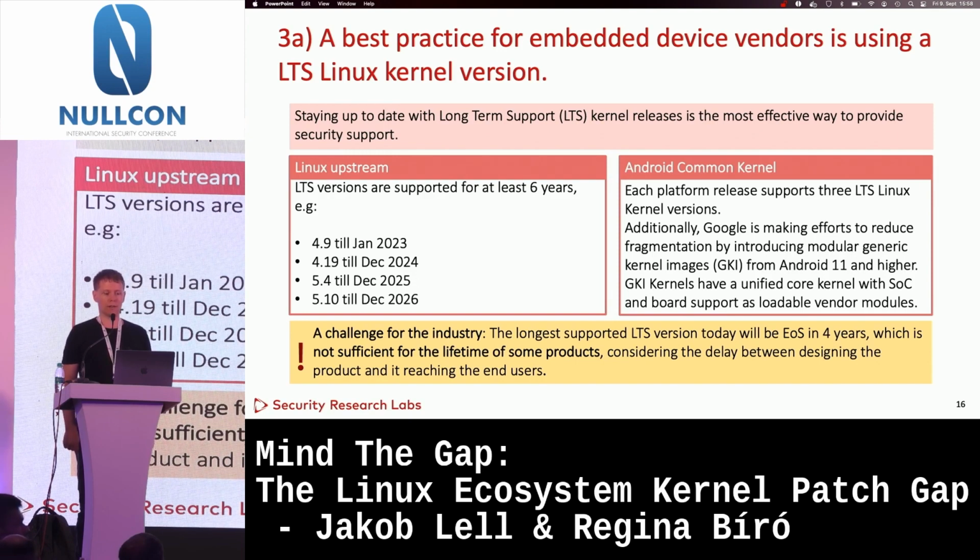And lately, Google is making efforts to improve the situation by forcing vendors to support a generic kernel image. So you have one generic kernel image coming from Google, and it will load some custom modules from the system on chip vendor or from the device vendor, but the main kernel is coming from Google and can be upgraded by Google.